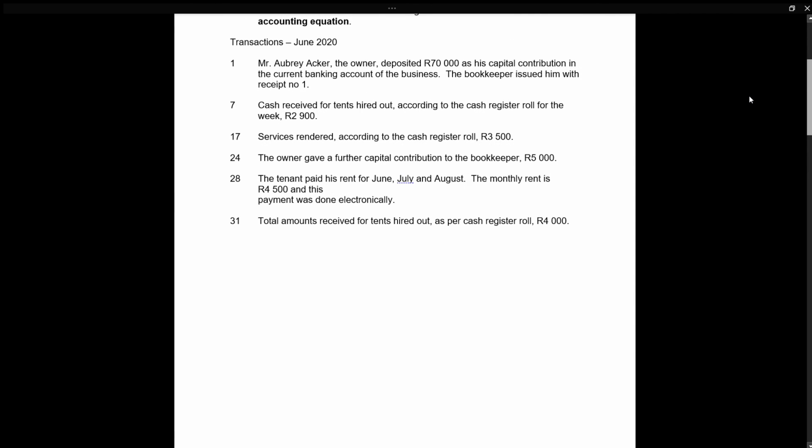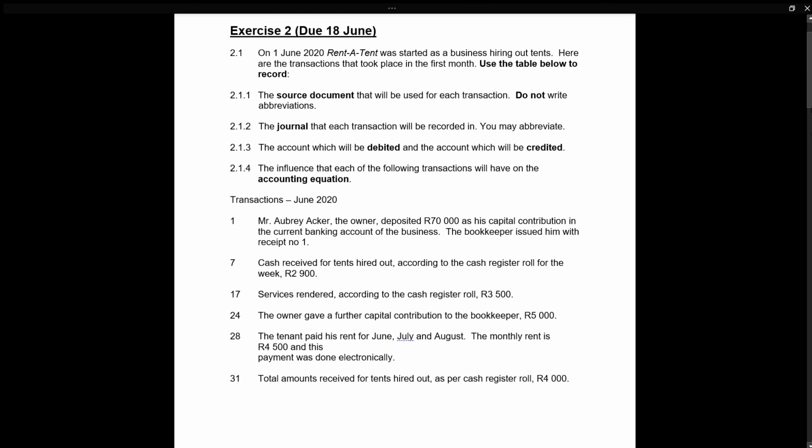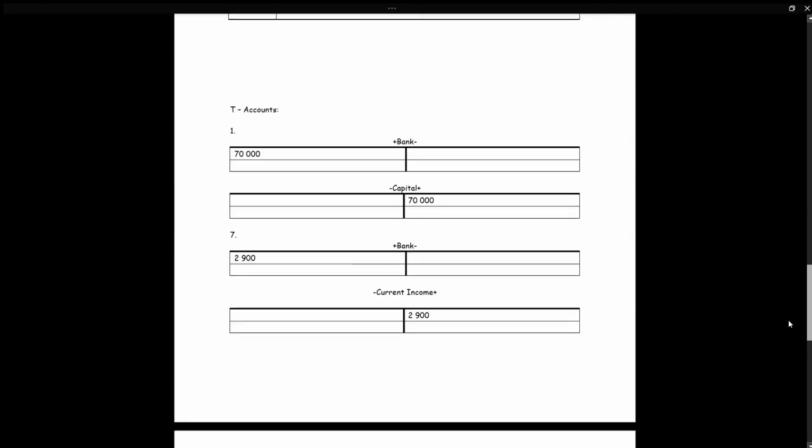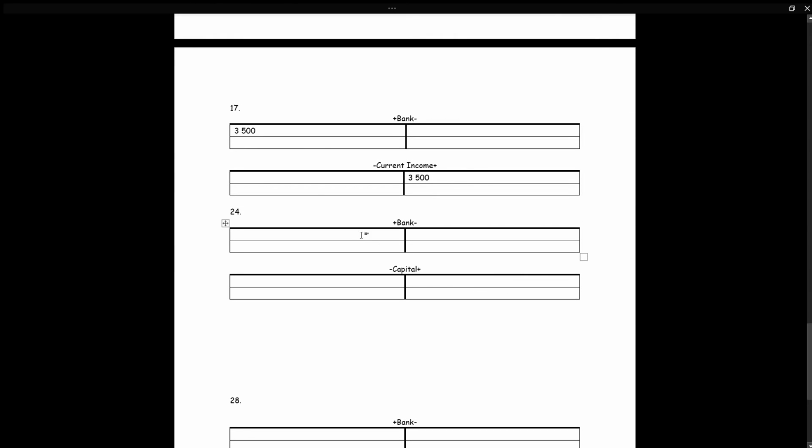To double check the amount, the owner gave a further capital contribution to the bookkeeper of 5,000 Rand. Yes. So my T account will look as follows. Bank will increase with 5,000 Rand, and my capital will also increase with 5,000 Rand.